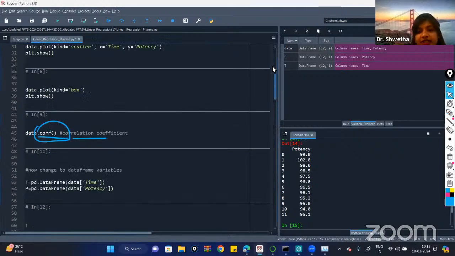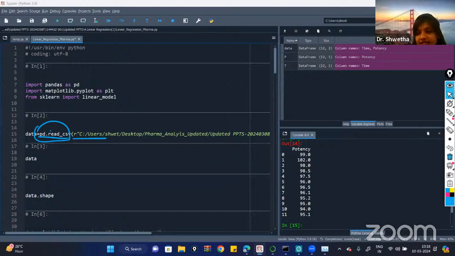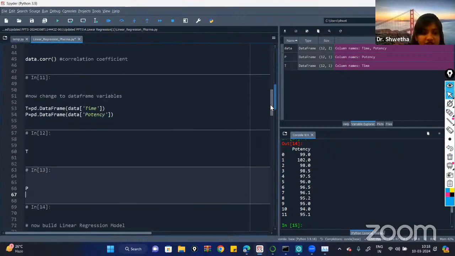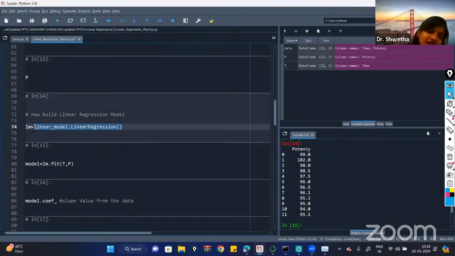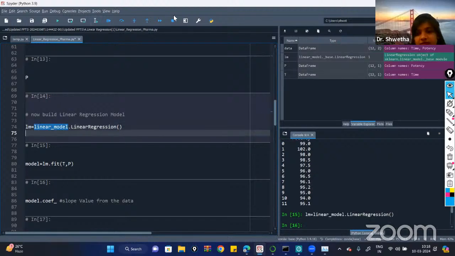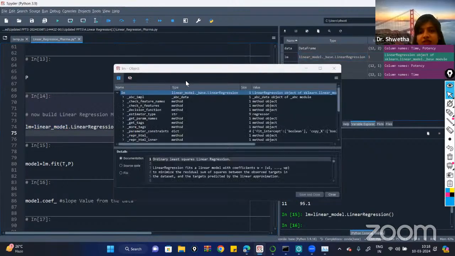We have imported this from sklearn: from sklearn import linear_model. From this linear_model, we are taking the function LinearRegression. So this is how we are initiating the model and then storing it in lm. So this is the model.